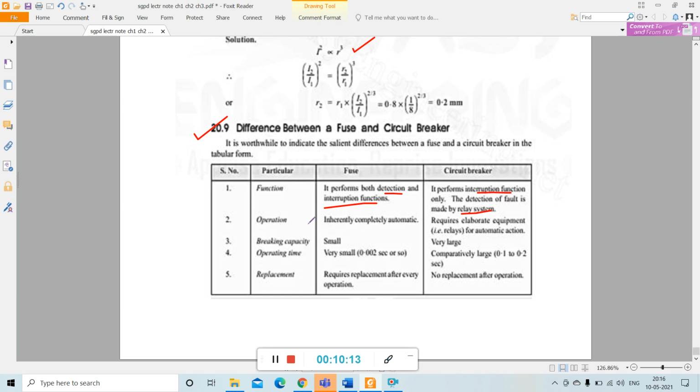Based on operation, a fuse is inherently completely automatic, but a circuit breaker requires elaborate equipment for automatic action.